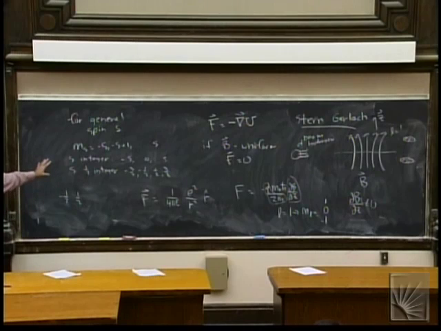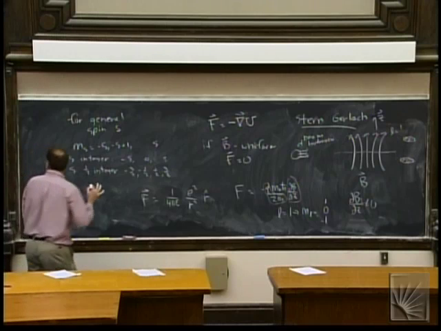This was m sub s. What is m sub s? How much of the spin is along the z-axis? Remember, this is a weird thing.